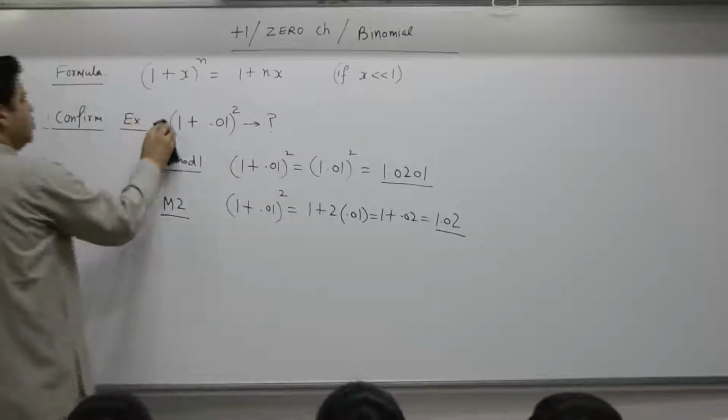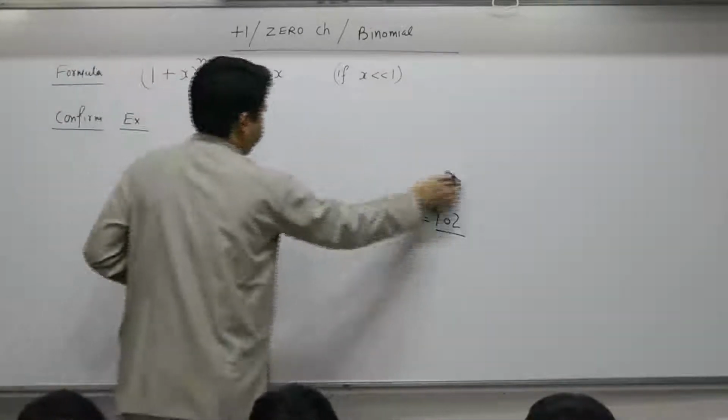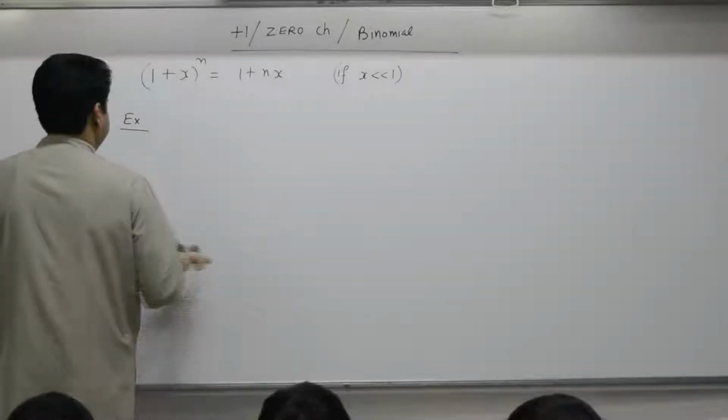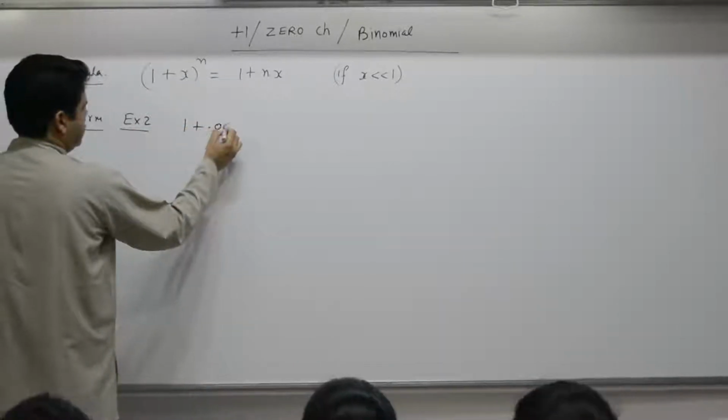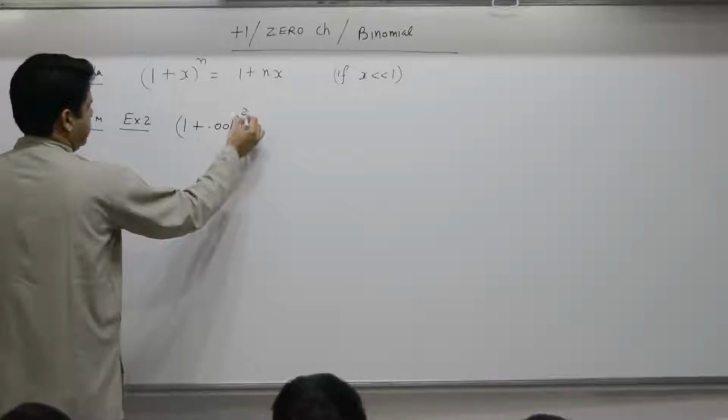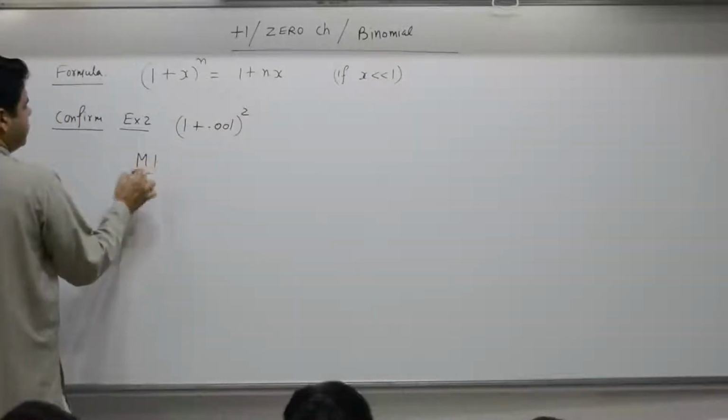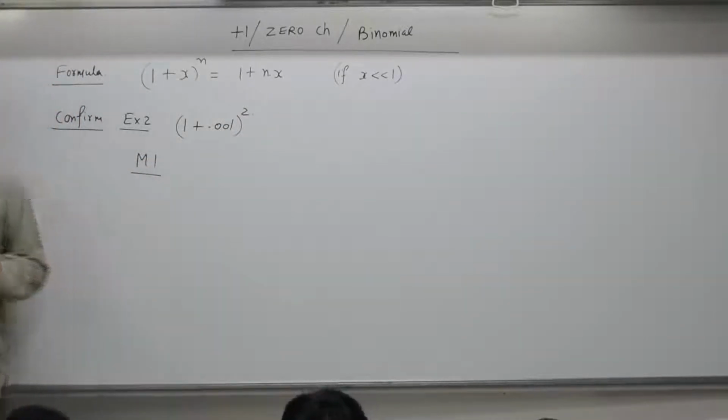Example 2. 1 plus 0.001 square. Solve it by two methods. Conventional school method: 1 plus 0.001 square.